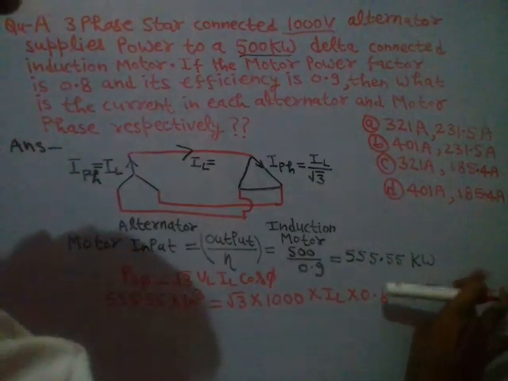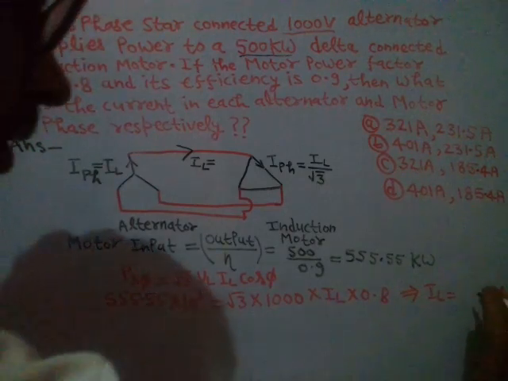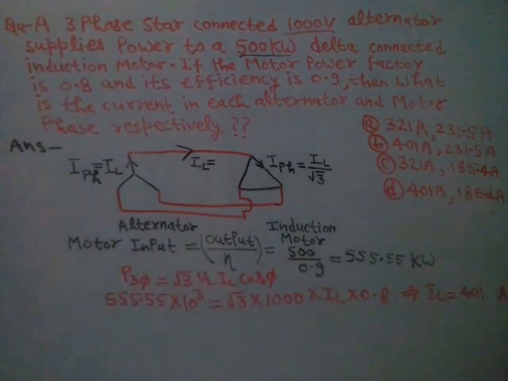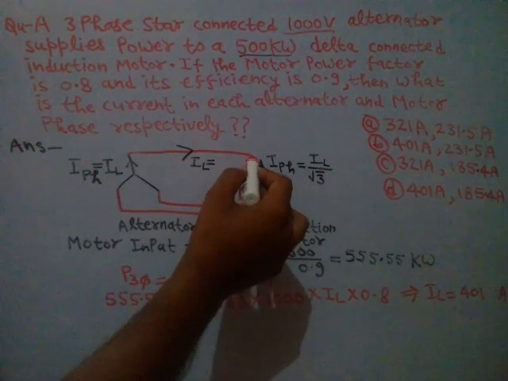Oh sorry, this is 401 ampere. So this is the line current which is drawn by the three-phase induction motor.